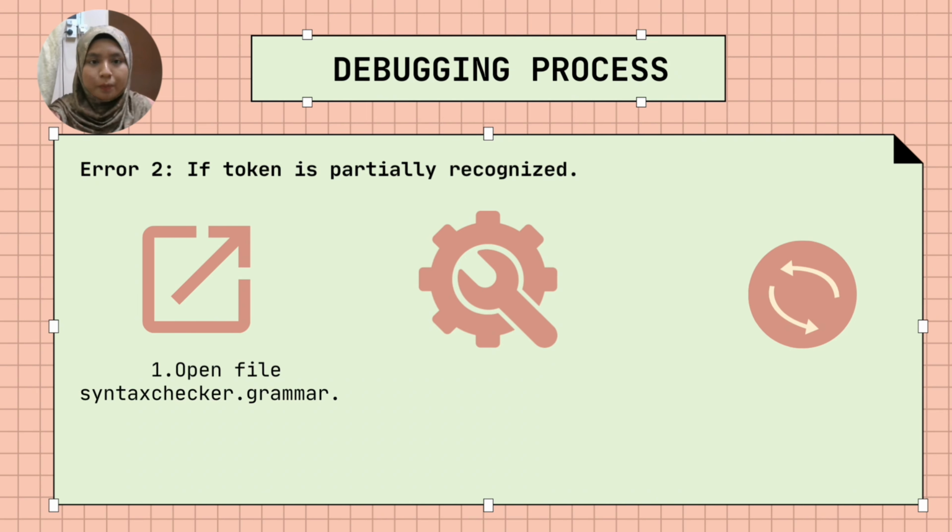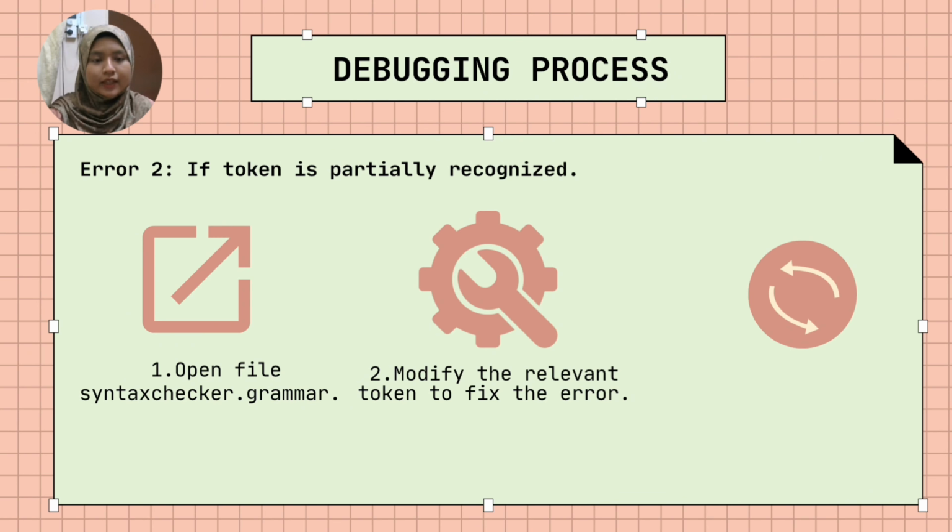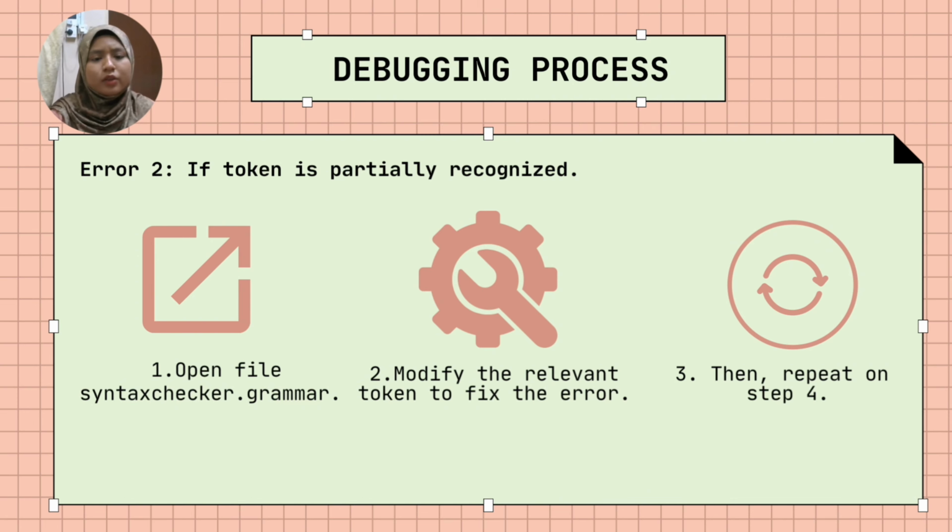To fix this, we open back our syntax checker grammar, update the token definitions, and run these steps again from the beginning until there is no error. Then we get the output. The test will be repeated until the Lexer works correctly and all lines in java_test.mj were successfully processed.